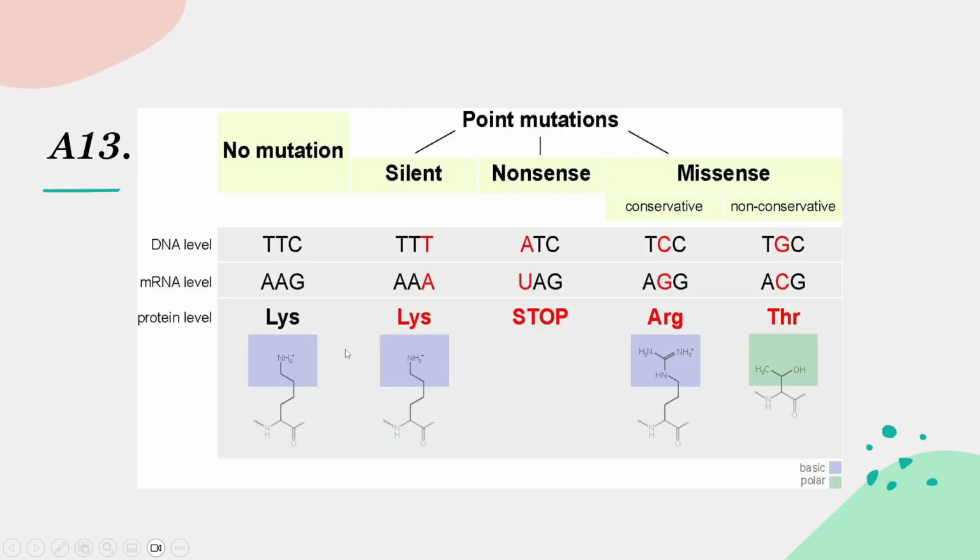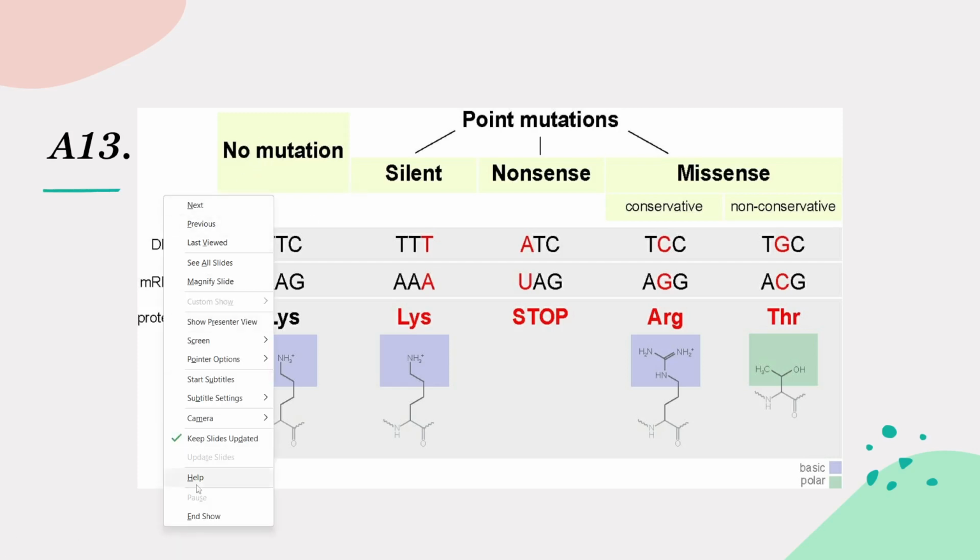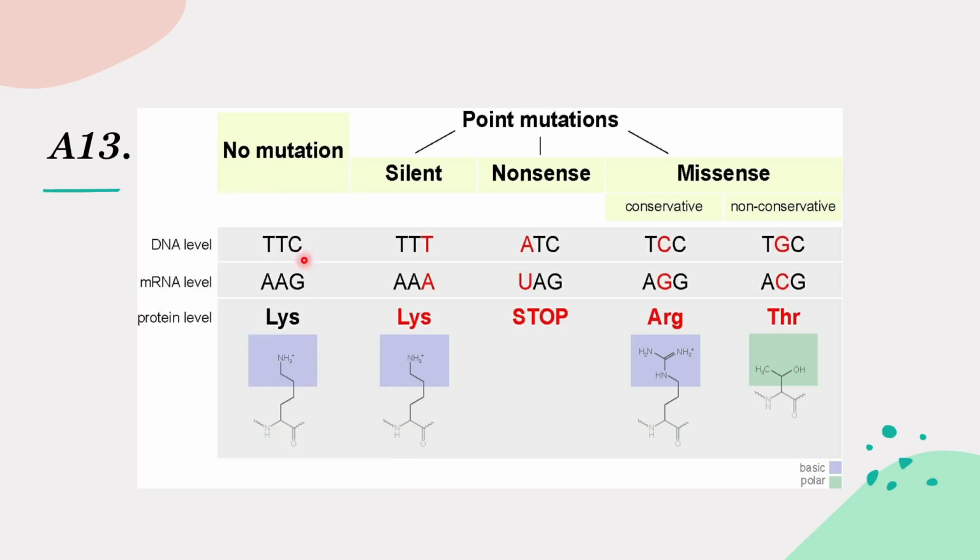What are the nonsense codons? Just look at this schematic representation. These point mutations can be seen at the DNA level, mRNA level, and protein level.